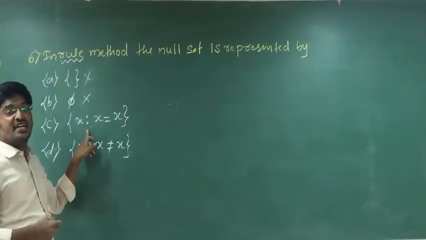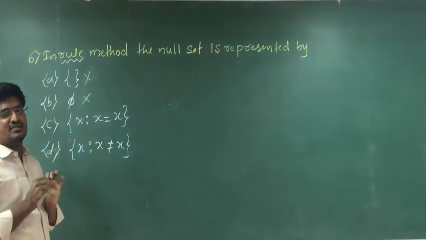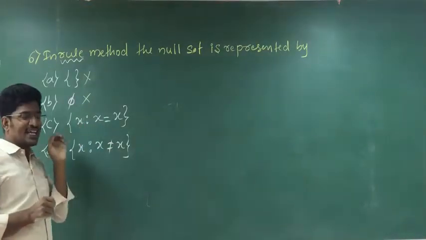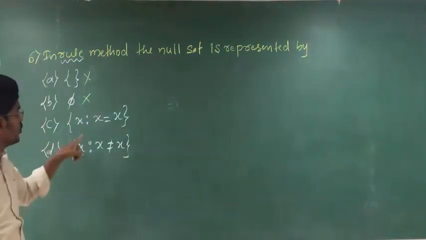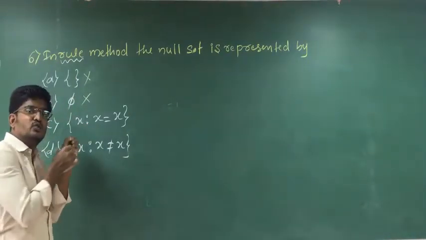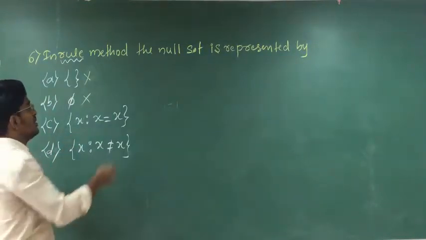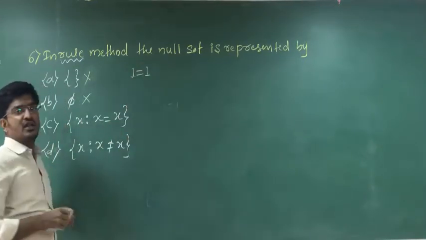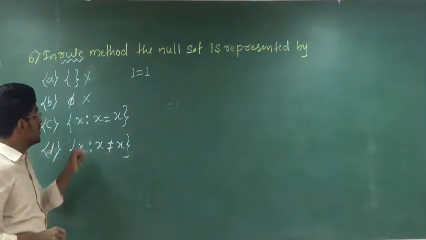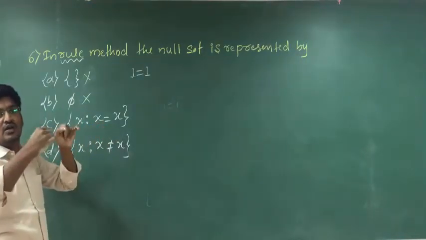x such that x is equal to itself. Please see, does this set contain any element? Yes or no? Can I write 1 here? I can write 1 because 1 is equal to 1. 1 satisfies this particular condition. What is the condition here? x equal to x, x is equal to itself.